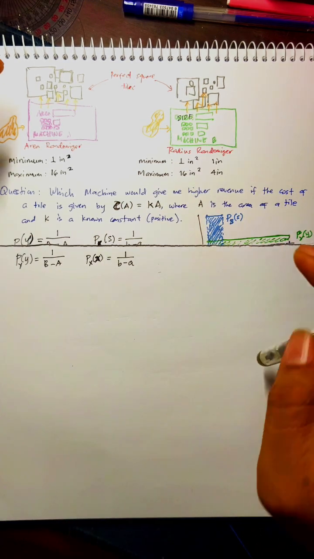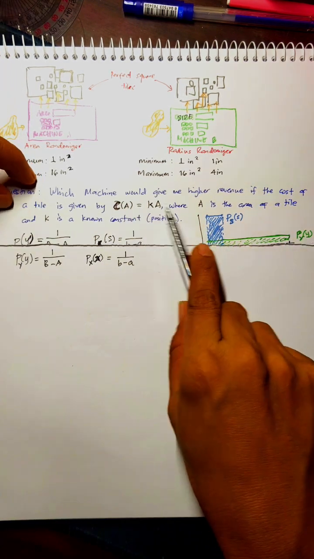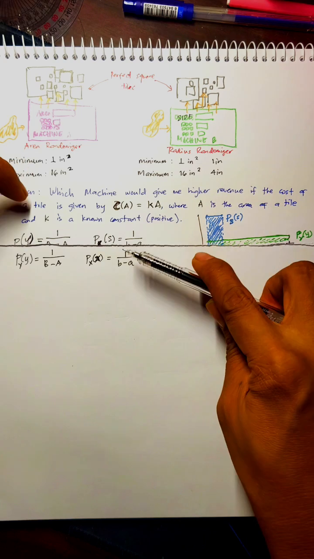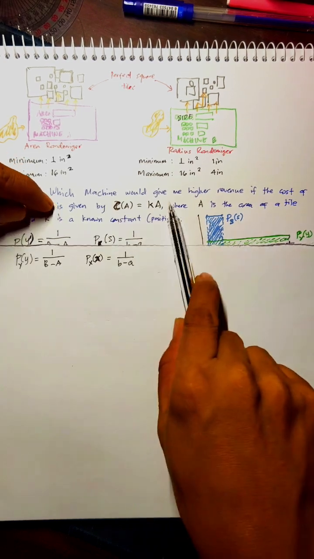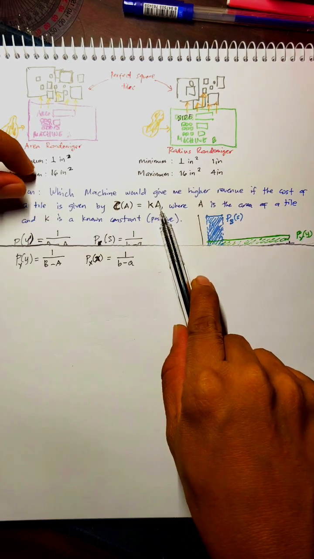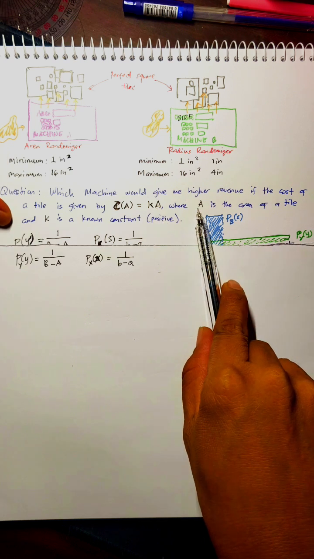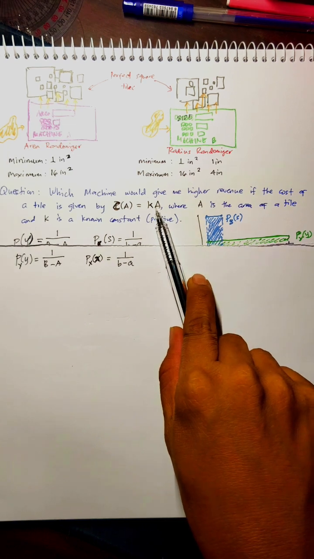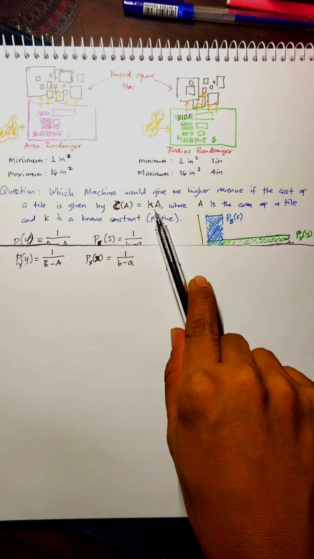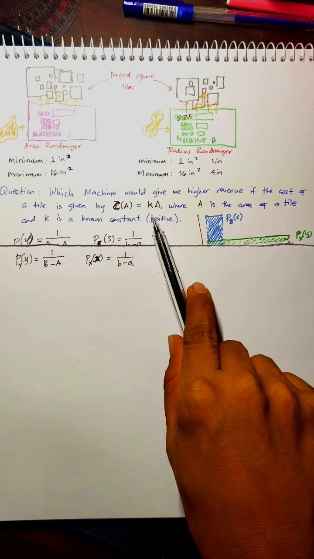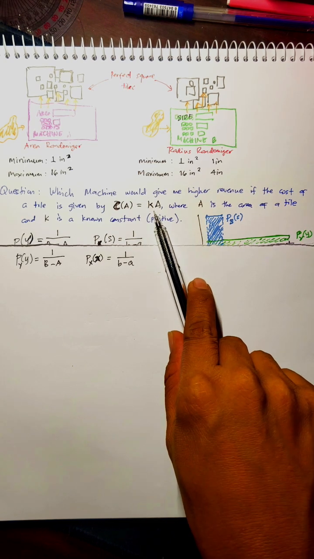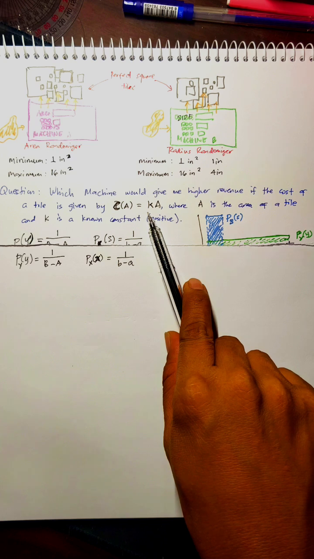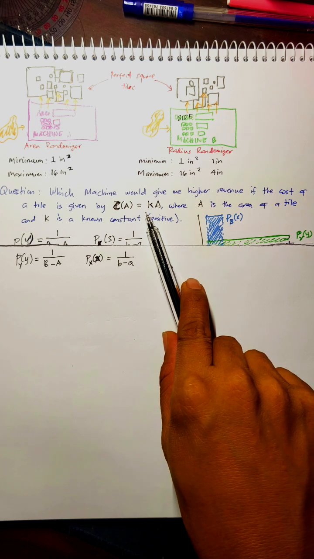Now we are asked which machine would give a higher revenue if this is the cost, K is a constant and A is just the area. In order to answer this, it is equivalent to asking which would give me the higher average, the higher mean.